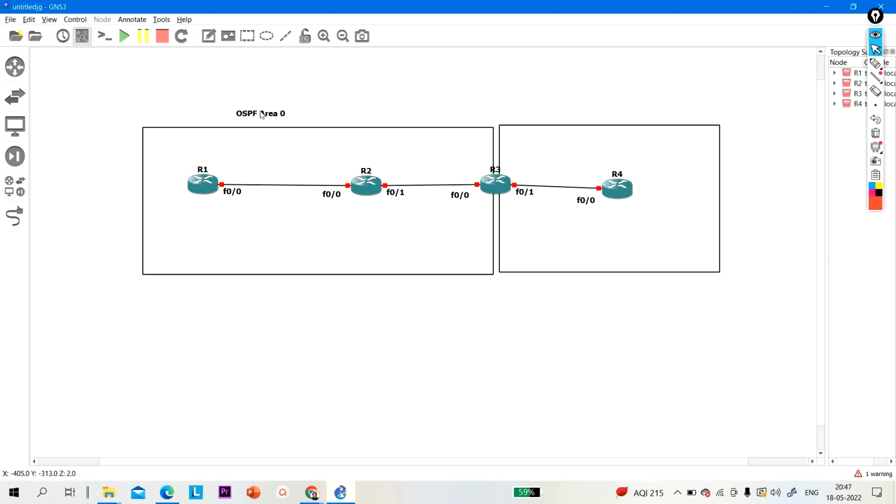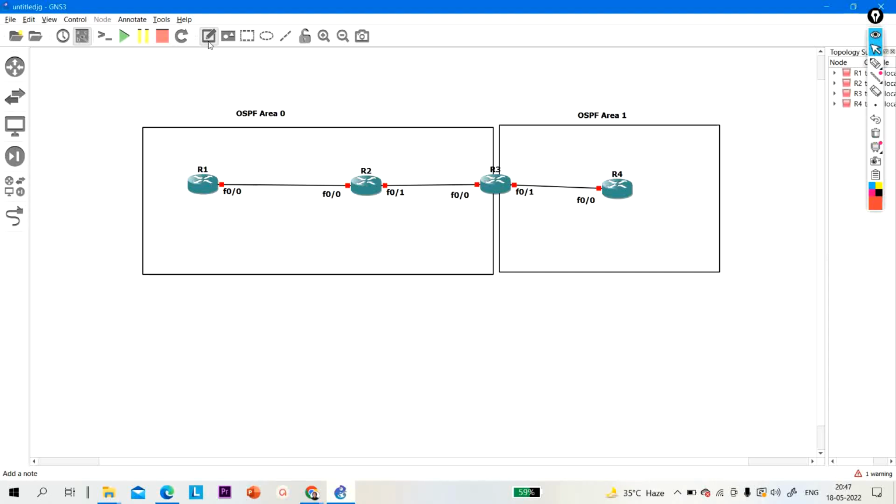So here you will learn how to configure OSPF on interface basis as well. We have two options to configure OSPF. So suppose this is my area 1.